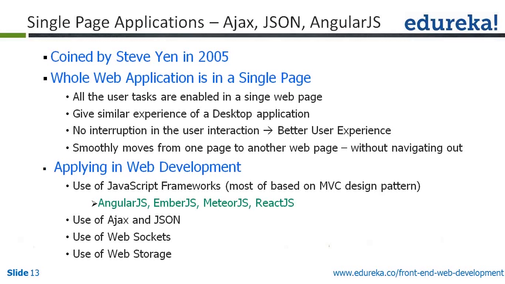And whenever you have to send data to or receive data from the backend web server, you need to use what is called JSON. JSON stands for JavaScript Object Notation. This is the string representation of JavaScript objects, which you send to the backend server and get the data back from the server.